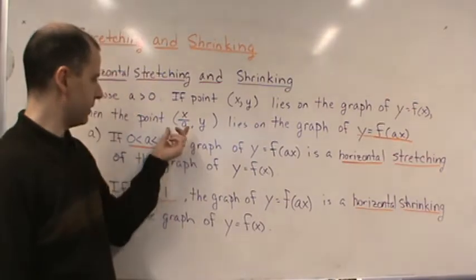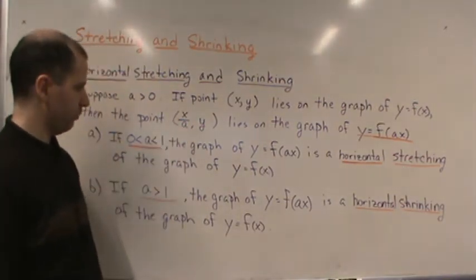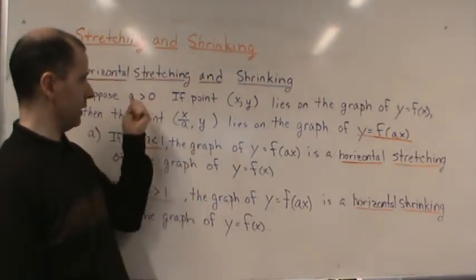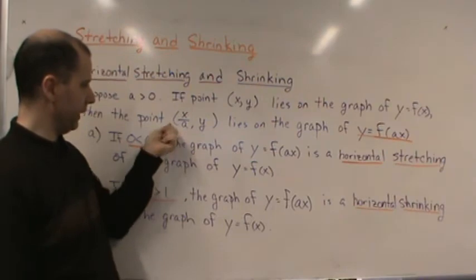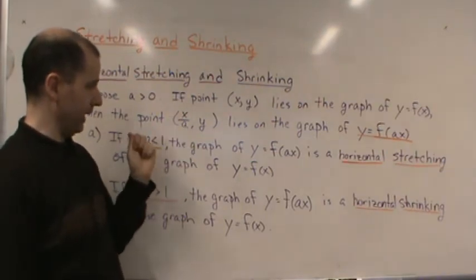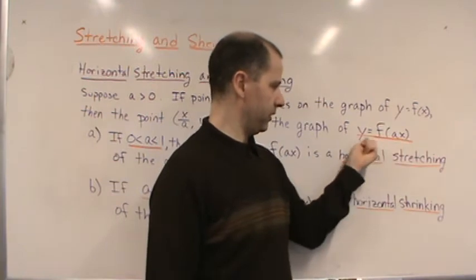Notice that now we're dividing x by a. Last time, in the vertical direction, it was a times y, but now it's x divided by a that lies on the graph of this function.